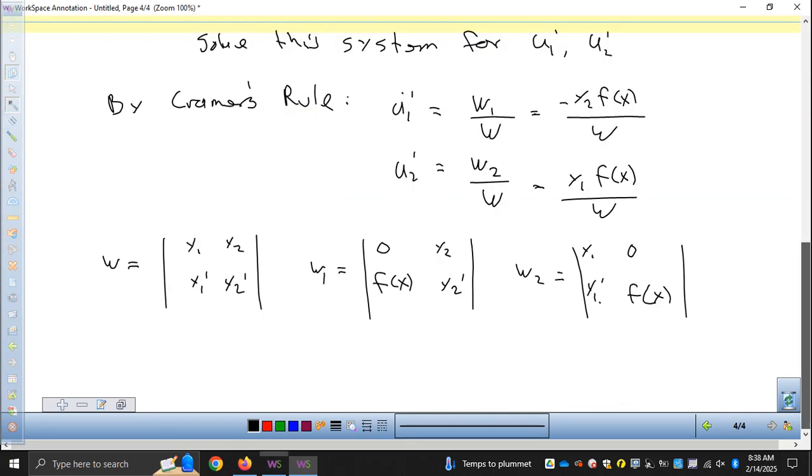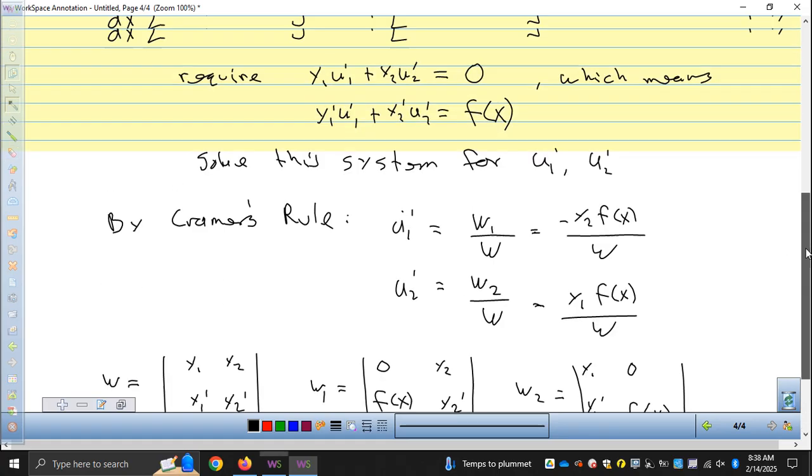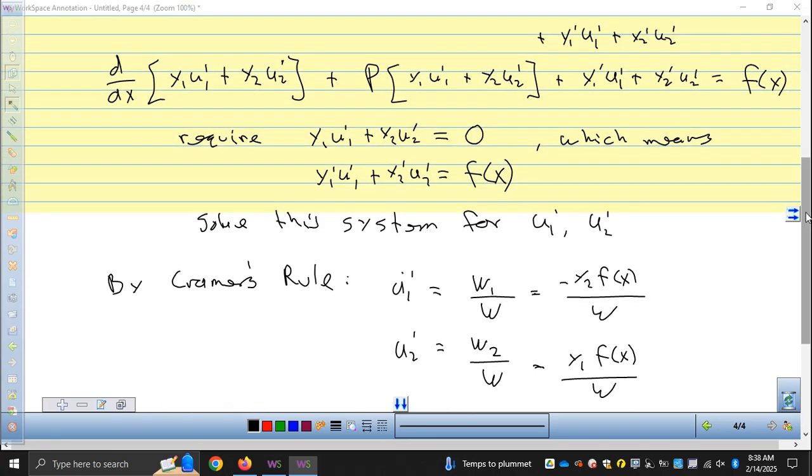Why are we allowed to just say that y1 u1 prime plus y2 u2 prime equals 0? Because it makes these go away, and it makes this equal to f of x. So we know that for a particular solution, all we need to find is any particular solution for the non-homogeneous equation.